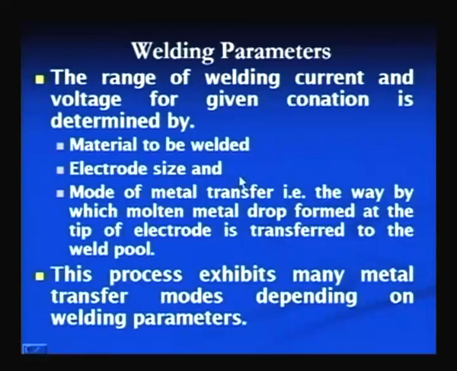So, if thick plates are to be welded, large diameter electrodes will be selected, and the large diameter electrodes will require different current and voltage settings compared to the small diameter electrodes.